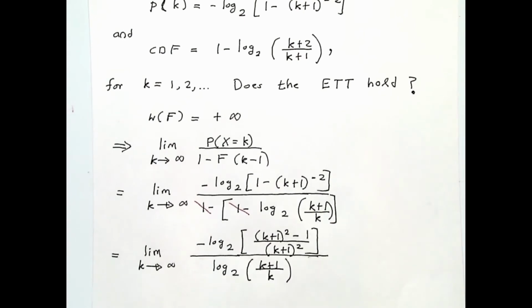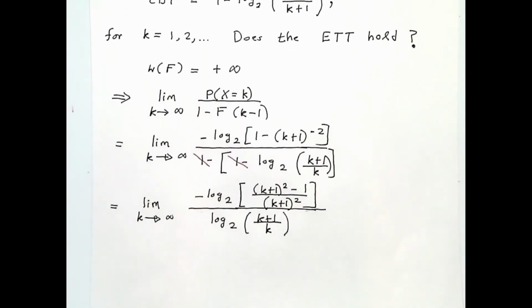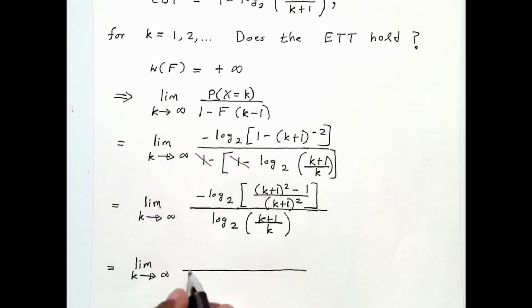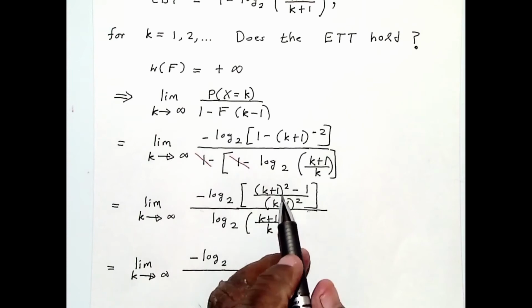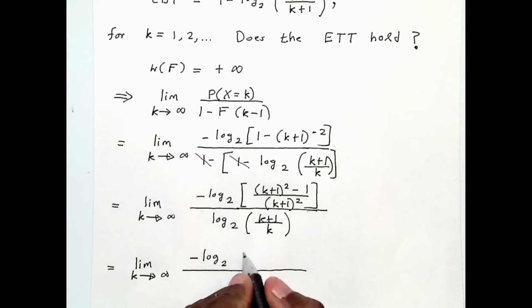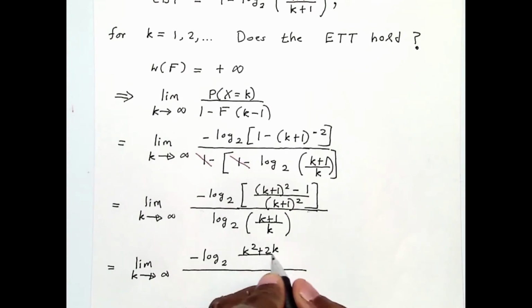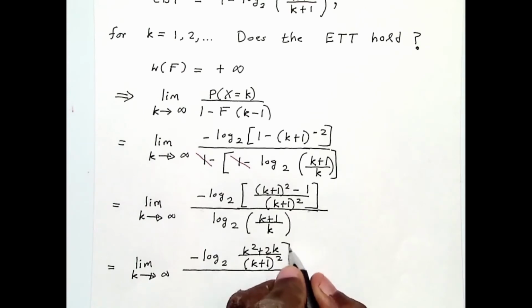Now the next step: k plus 1 squared minus 1 is k squared plus 2k.